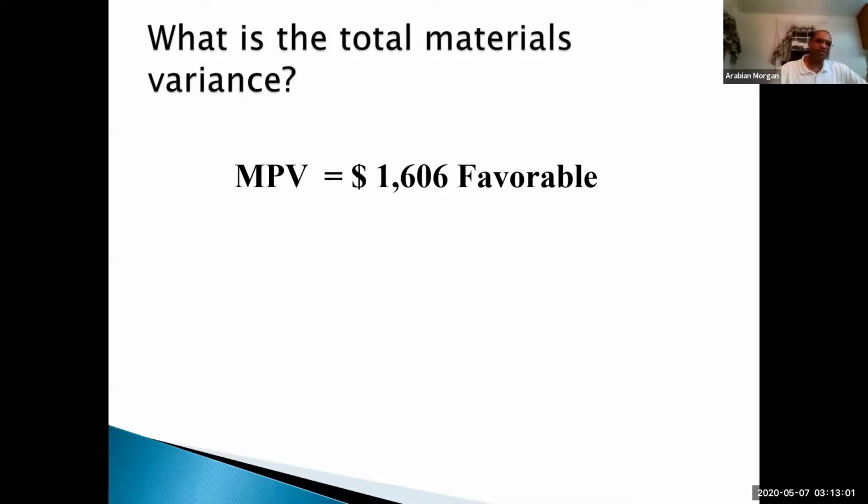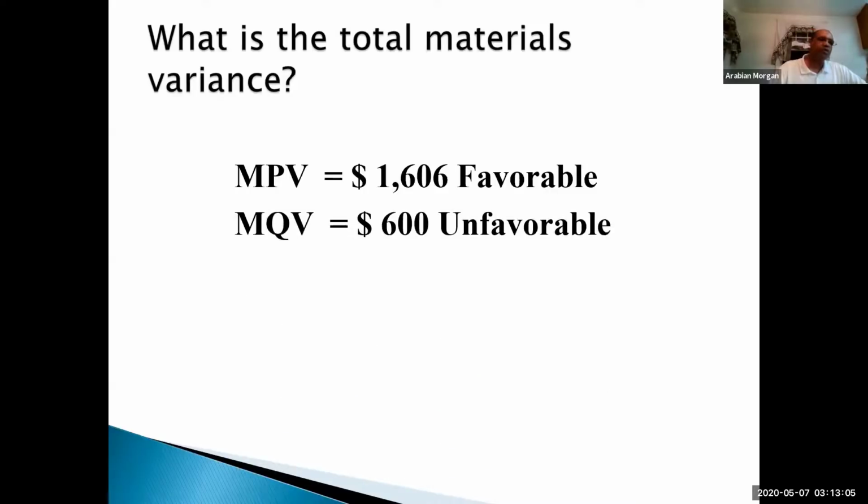So I've got this material price variance of 1606 favorable, and this material quantity variance of $600 unfavorable. And now I want to calculate the total materials variance. Here's how we do it.